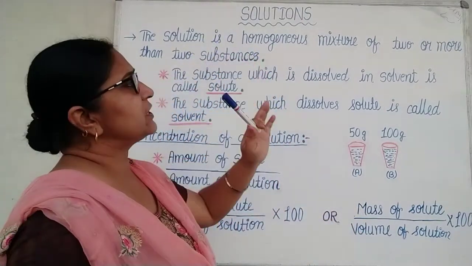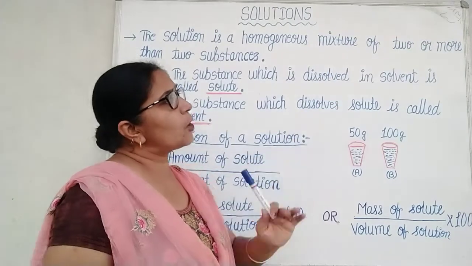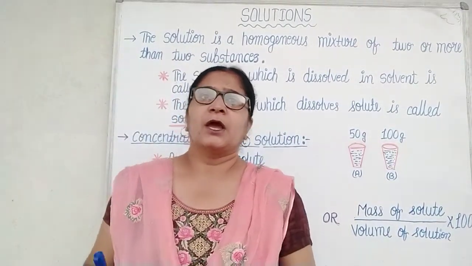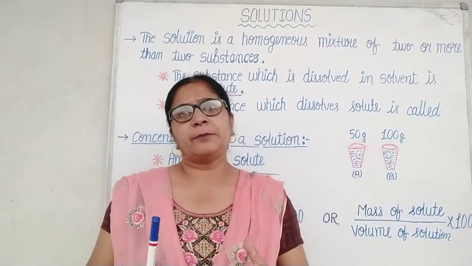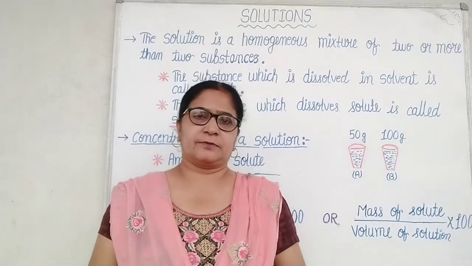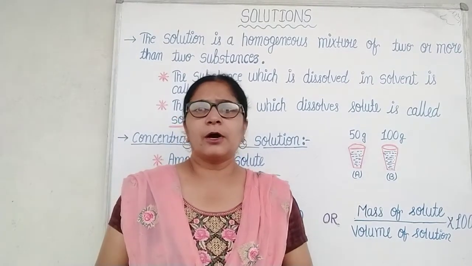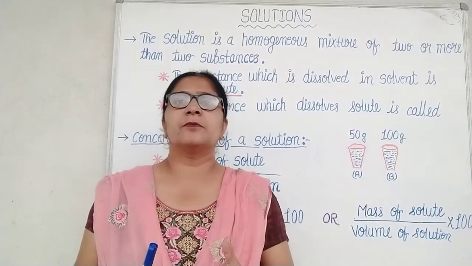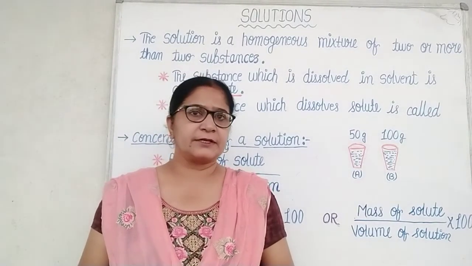Solution is a homogeneous mixture of two or more than two substances. Some examples can be lemonade, or water plus sodium chloride, which is salt, or it can be an alloy, bronze, brass, etc. Right?